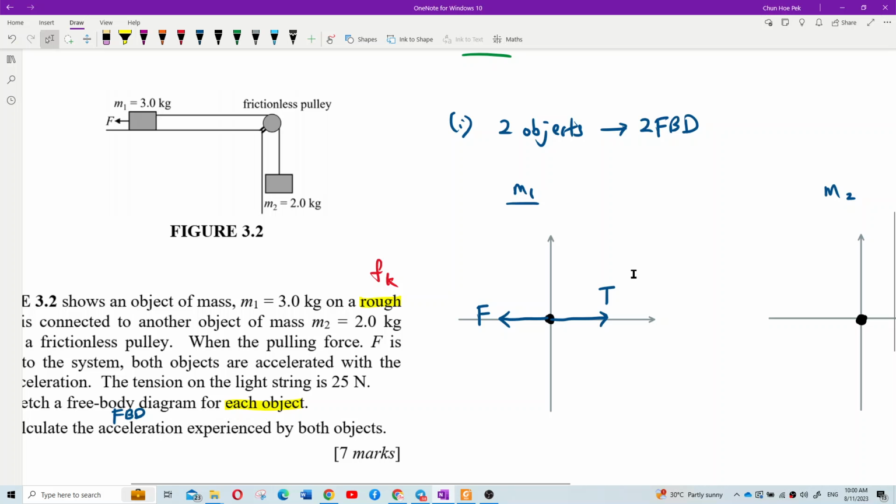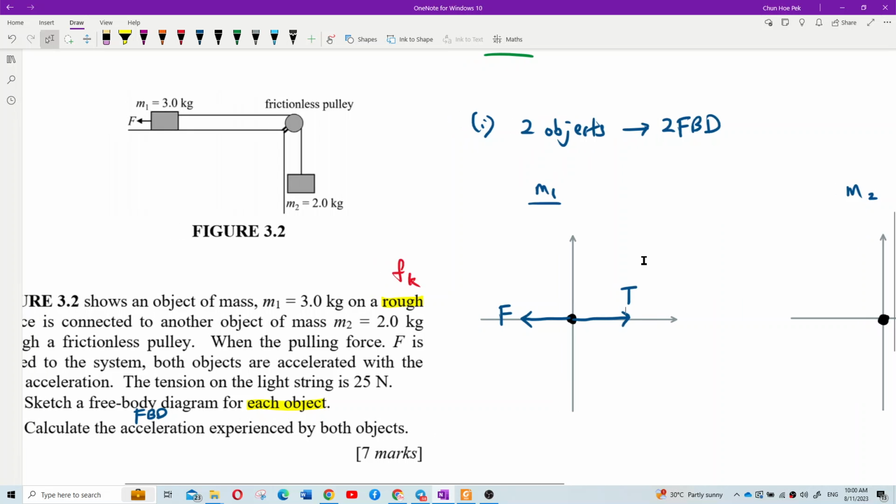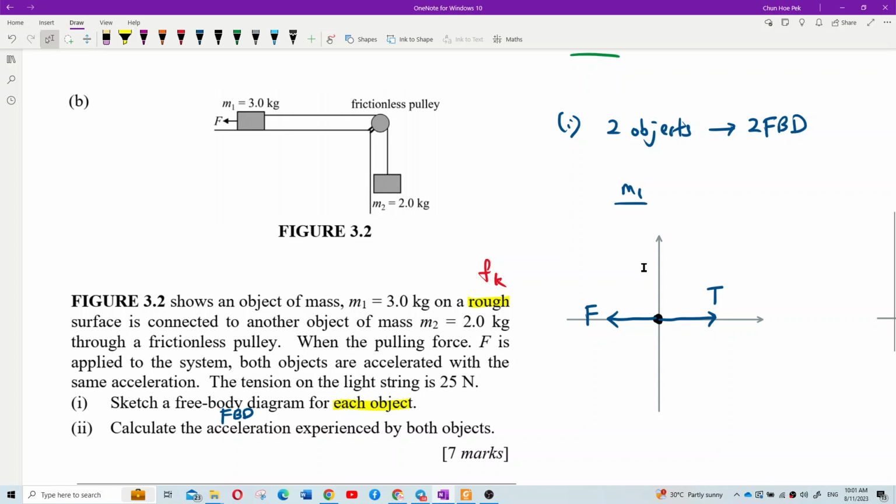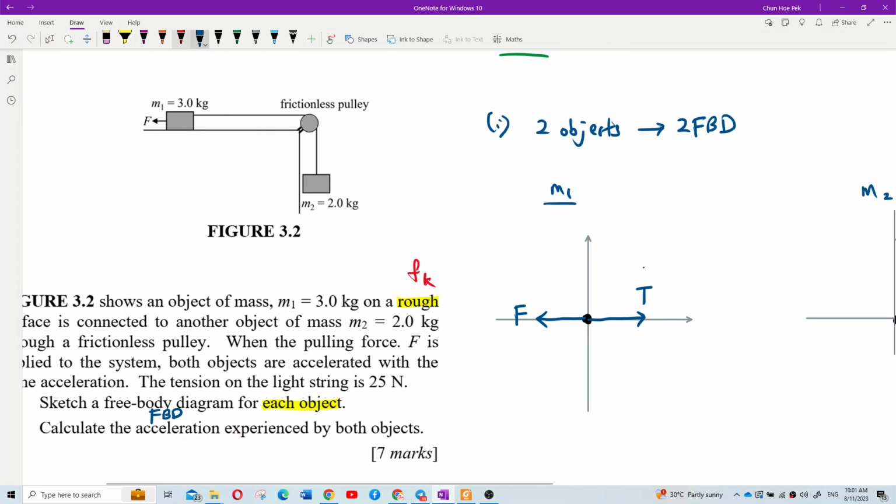This object is moving, accelerating to the left, because it is pulled to the left.